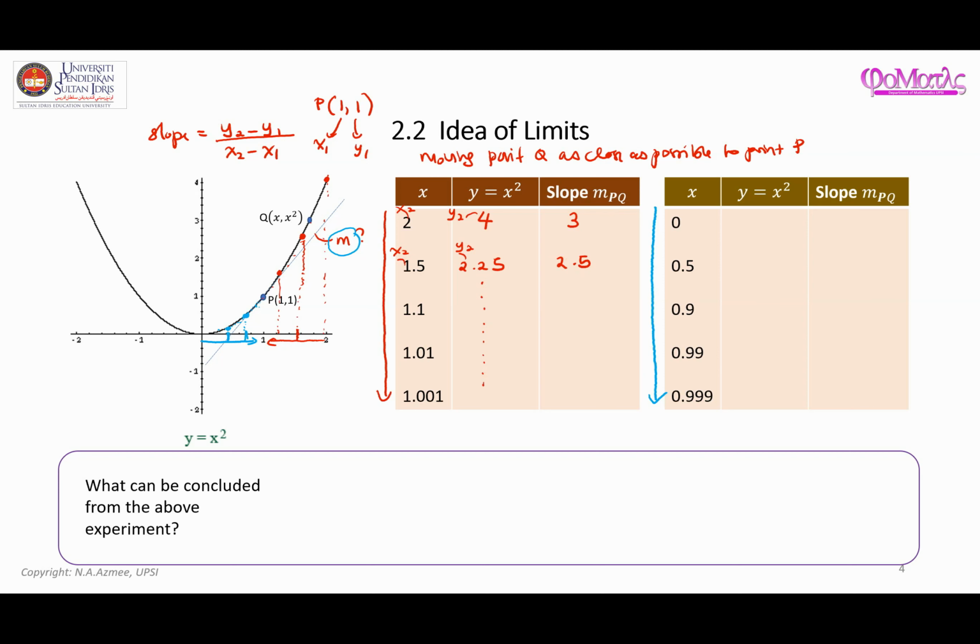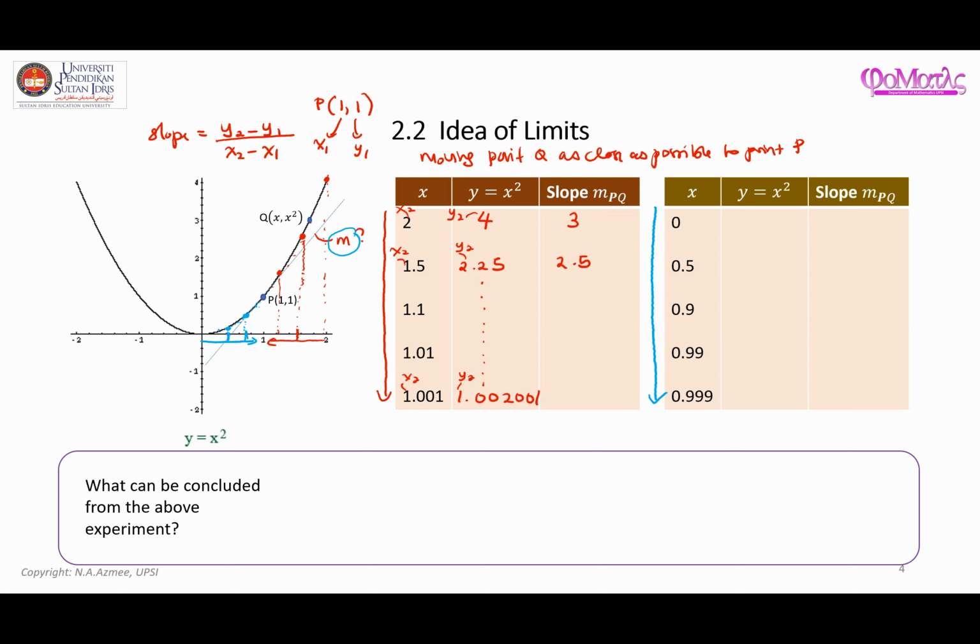And for the last value of x, when x is 1.001, the value of y is going to be 1.002001. And again, this is the value of x2 and this is the value of y2.